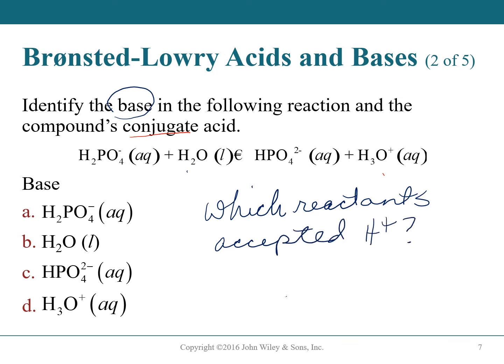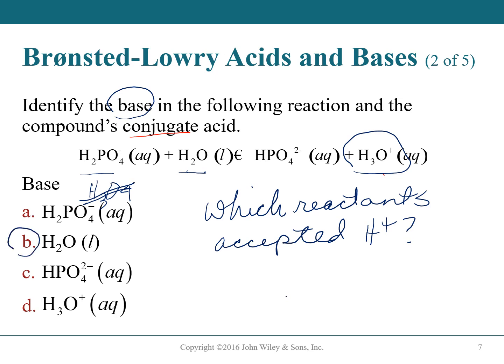If this one accepted an H+, it would be H3PO4. Well, I don't see it here, so that can't be it. If this accepts an H+, then I would get H3O+. Oh, it's right here. So the base is going to be water.